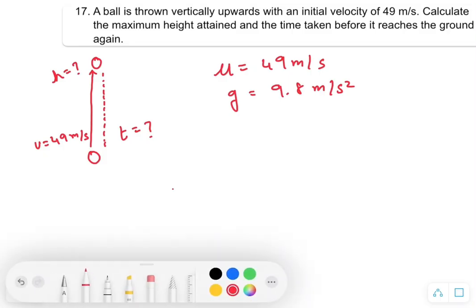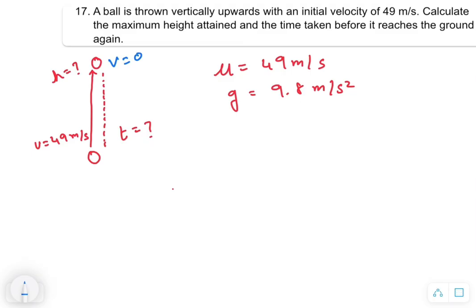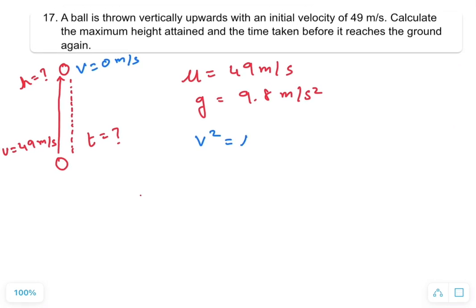At the maximum height, the velocity would be 0. We will be using this equation, v square equal to u square minus 2gh. Let's substitute the values and find the maximum height attained by the ball.